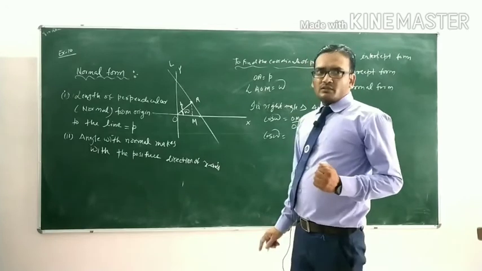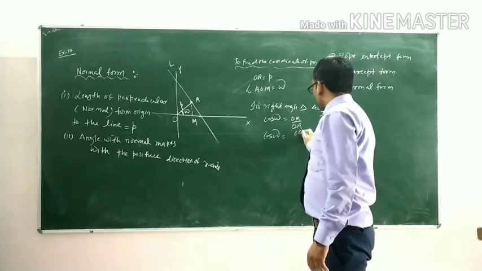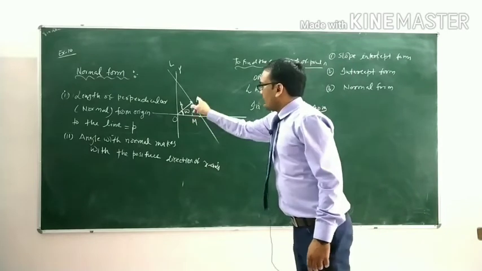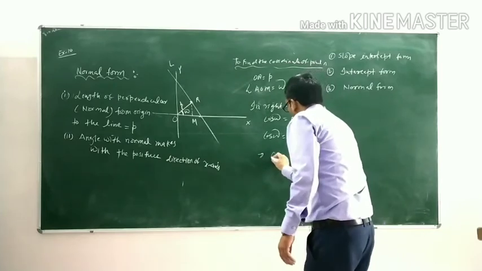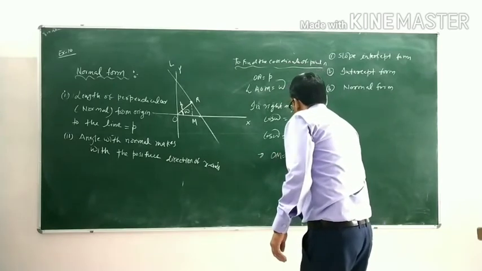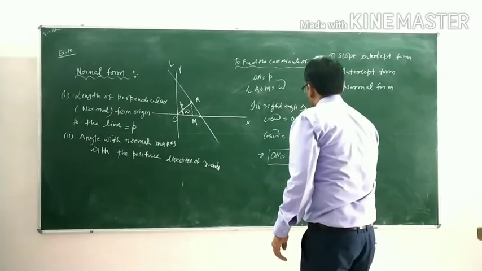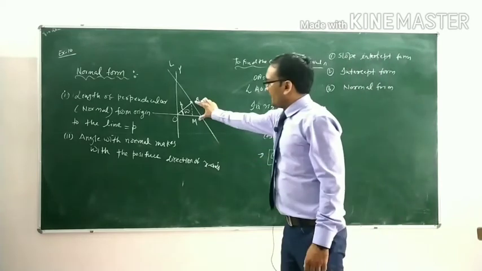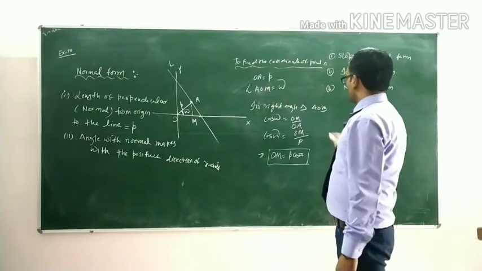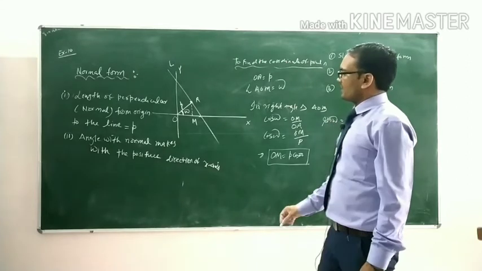We find the value of OM, and here given that OA equal to P, this implies that OM equal to P cos omega. Next, we find the value of AM using sin omega in a right angle triangle AMO.